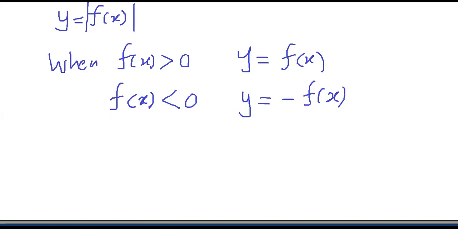If we consider some function like this, y equals modulus of mx plus c.